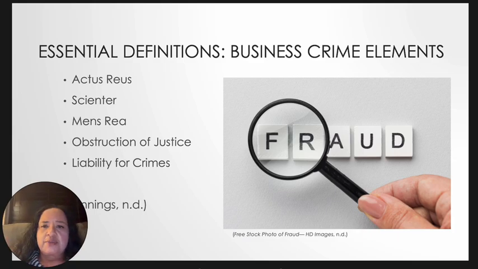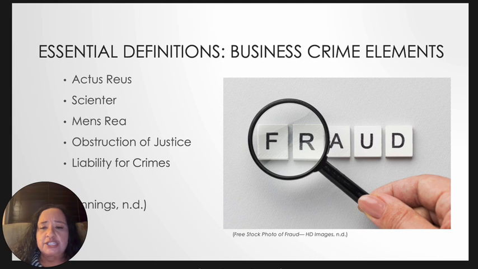So, actus reus, the physical guilty act of the offense, which can be an action or an omission combined with the required mental state. For a business crime like fraud, the actus reus could be the physical act of misrepresenting financial data, while the mens rea is the intent to deceive.